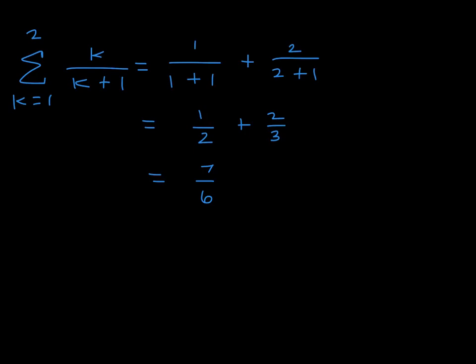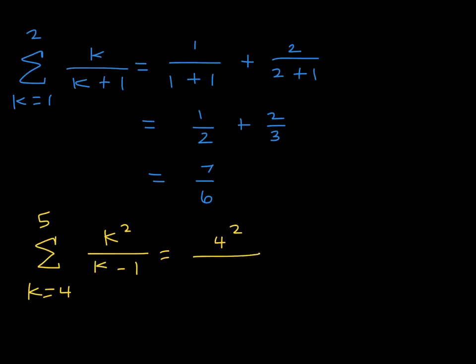Let's do one more. Let us consider the sum of k squared over k minus 1 as k goes from 4 to 5. You see, we don't always have to start at 1. So then this written out would be 4 squared over 4 minus 1, plus 5 squared over 5 minus 1.